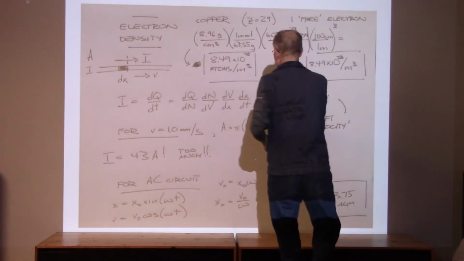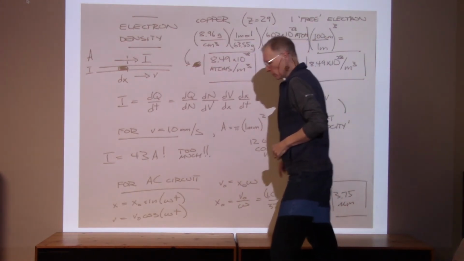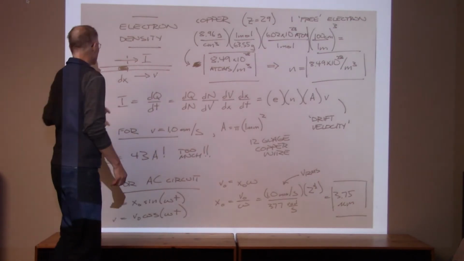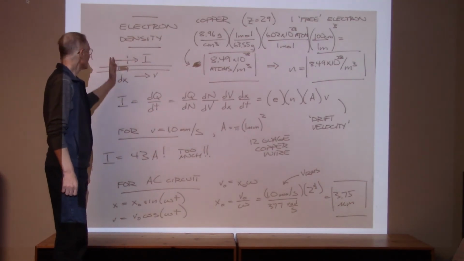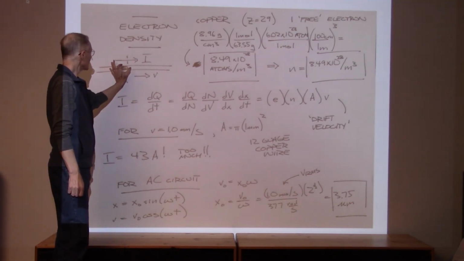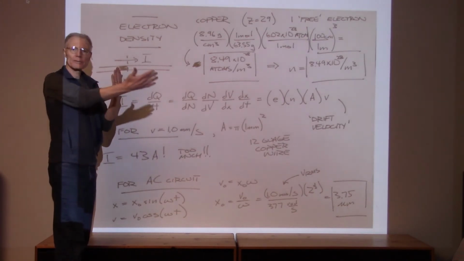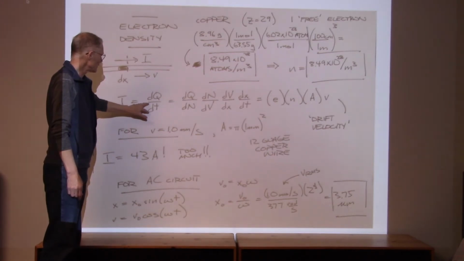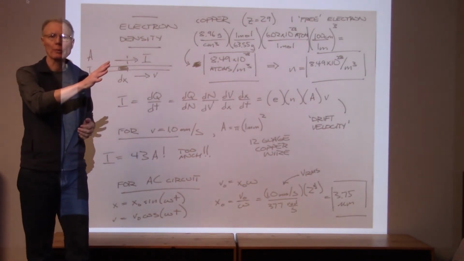And then finally, dx/dt. What dx/dt is saying is that during a time interval of dt, that little block of electrons crosses my boundary. So if I'm standing there watching, during the interval dt, that's how much charge goes by.